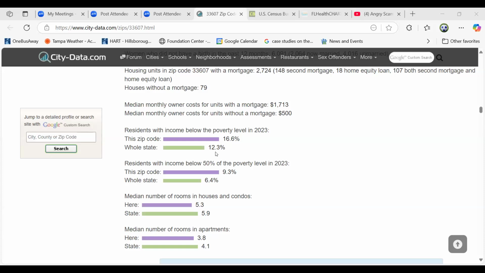And so what is it for this zip code? This zip code 16.6%, whole state 12.3%. This is going to be a red flag. When you're looking to help that neighborhood, you definitely want to look at the poverty rate. Because you want to be able to show that in zip code 33607, the poverty rate is 16%.